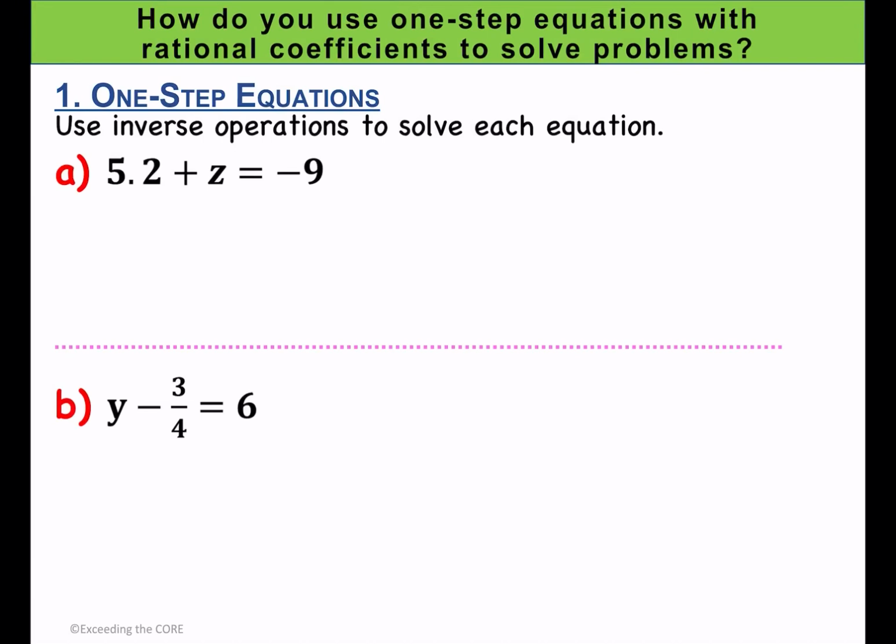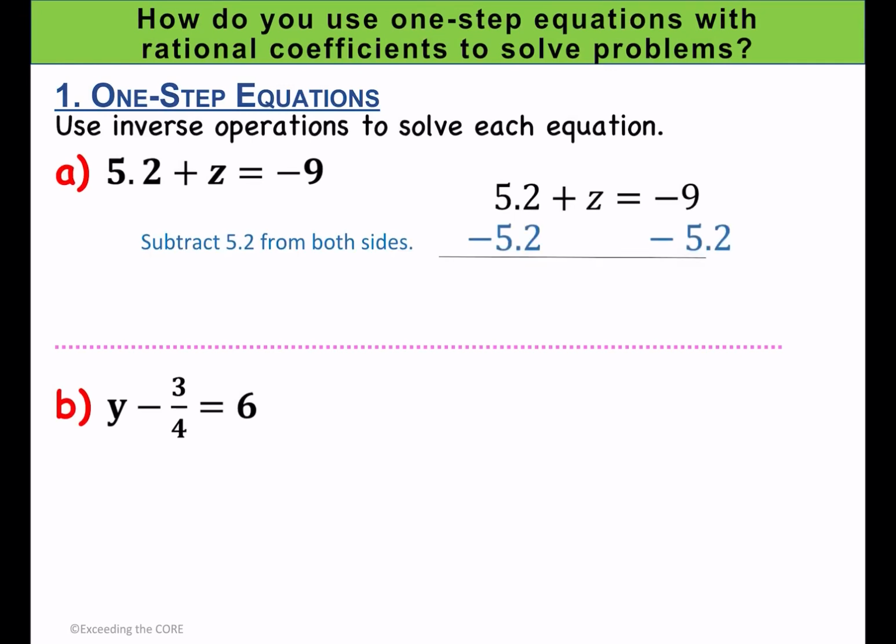And we have 5.2, which is positive. So we need to do the inverse, which would be negative. So we want to subtract 5.2 from both sides, so that gets z by itself, and so then I have negative 9 subtract 5.2, which would be negative 14.2.